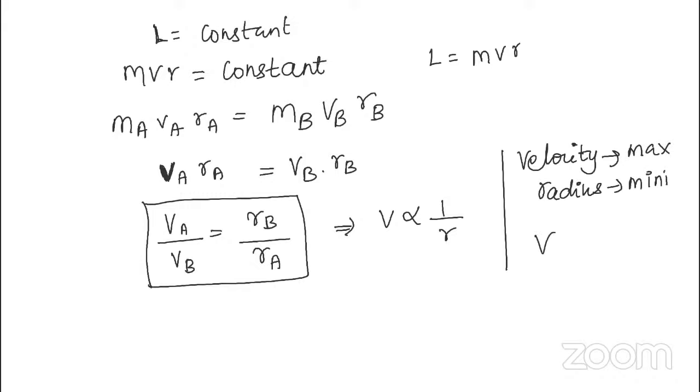This is a very, very important formula. We are going to work out a lot of sums with it. The problem will ask for this formula from the second law, that is VA by VB is equal to RB by RA.